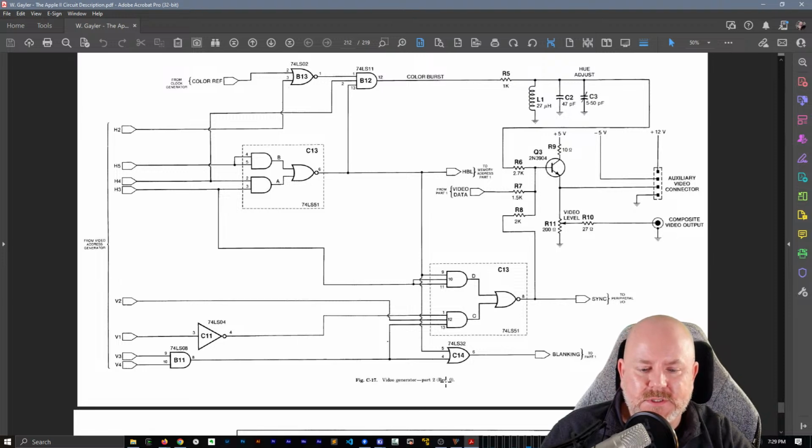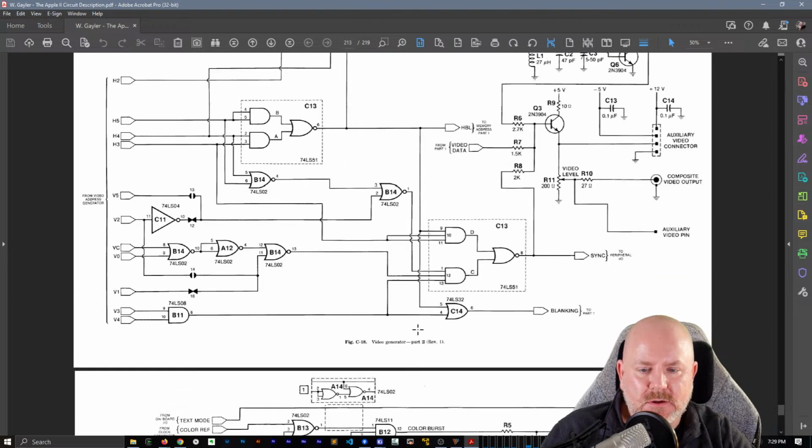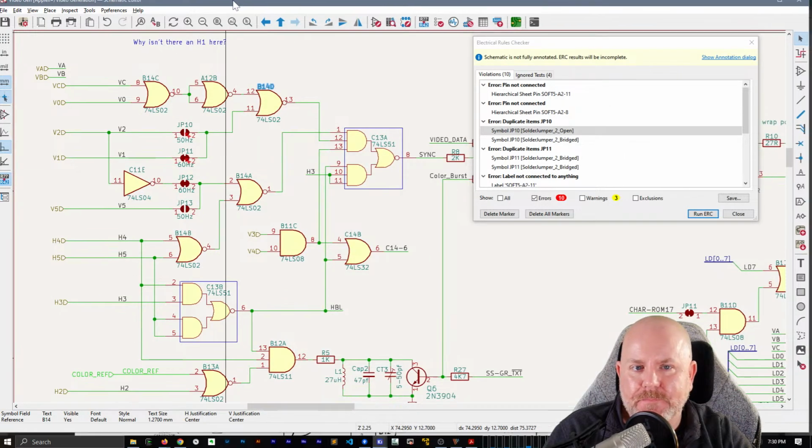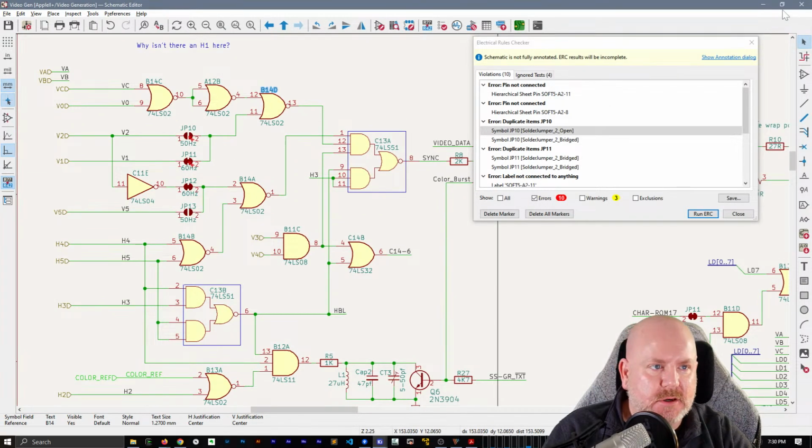So Rev 0 doesn't have a B14. Rev 1 does. So this must be that. So the 2 and the 2 plus are probably different in this regard. Okay, whatever. I just want to fix this, darn it.